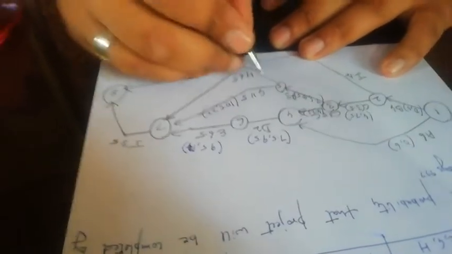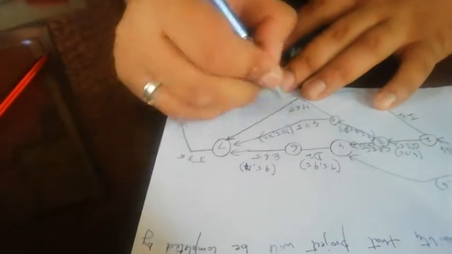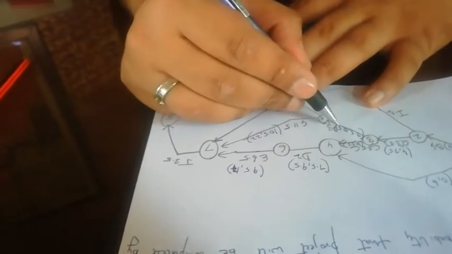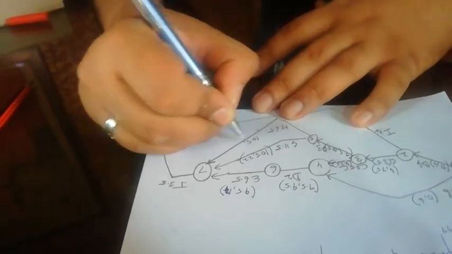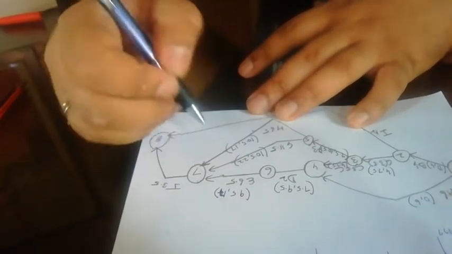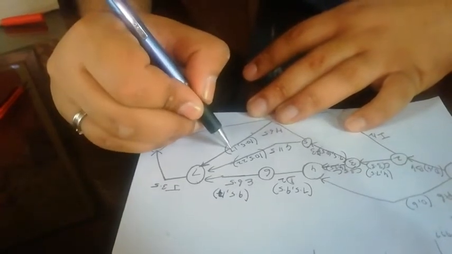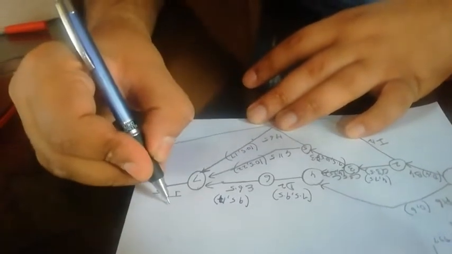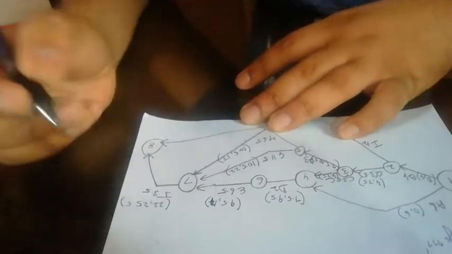Then comes 17, 22 and 17, so the highest of all is 22, and 25.5.